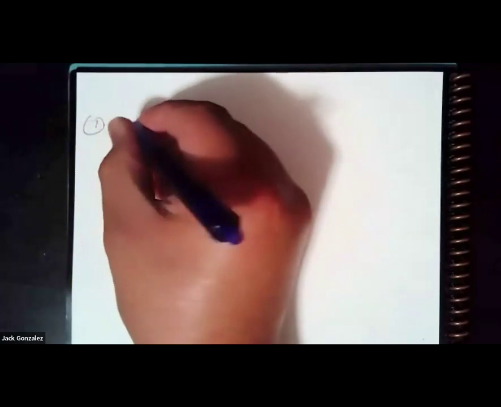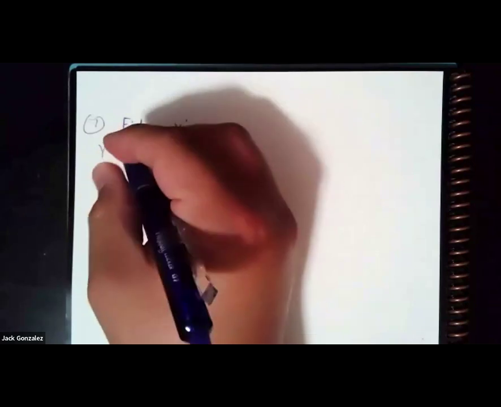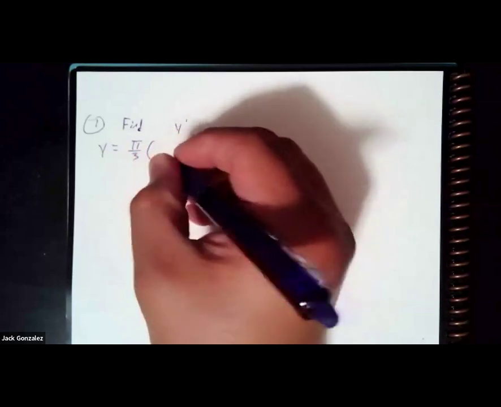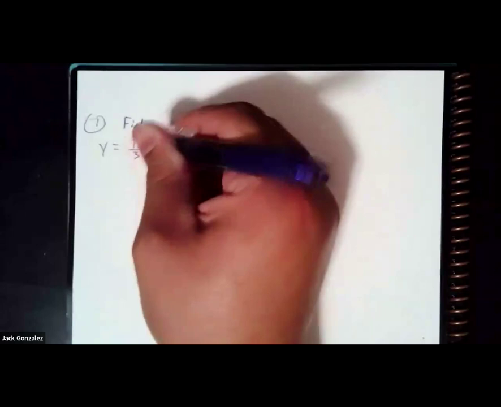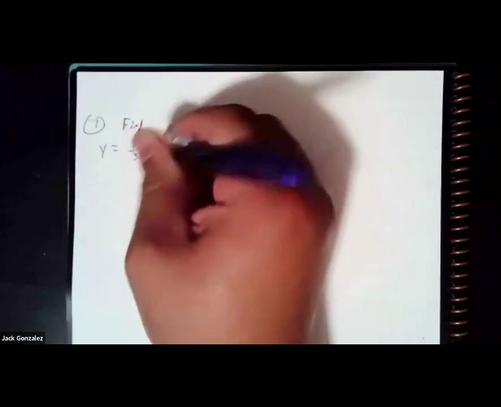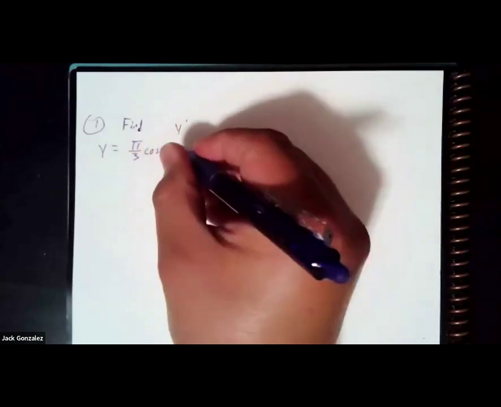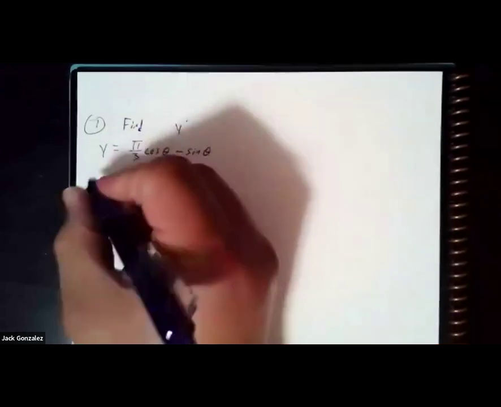So find y prime. The function they give us on number 7 is, for me at least, 5/3 times a pretty part. Okay.